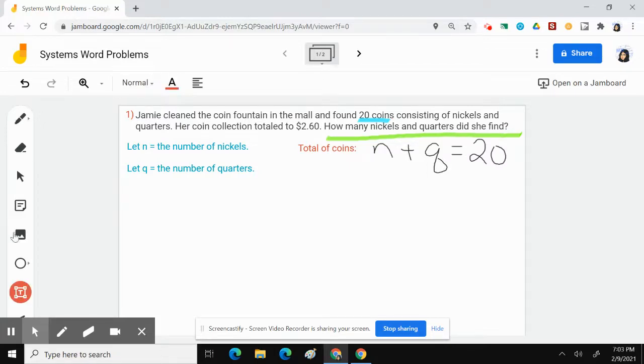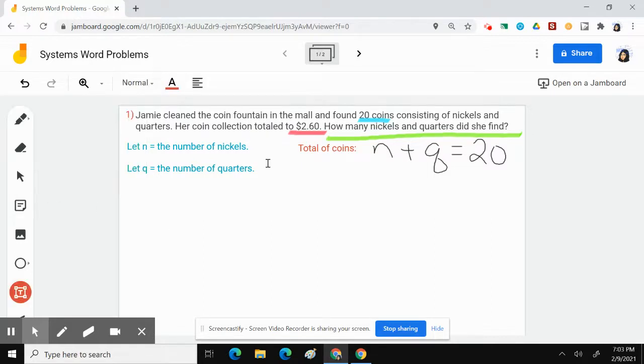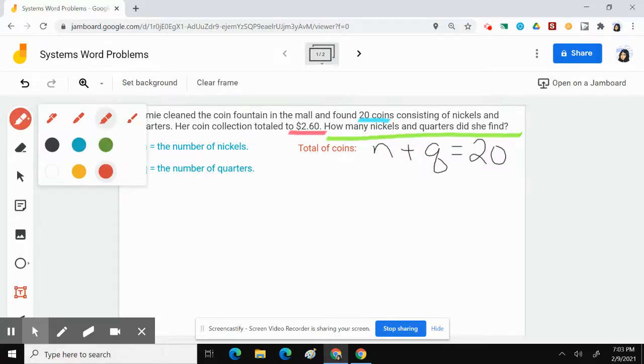All right. Now, the other key piece of information that we're given is that our coin collection totals to $2.60. So now that makes it a very specific combination of nickels and quarters that we need for this to work. Now we're going to think about the value of each of these coins, right? I know that a nickel is worth 5 cents. So for every nickel, I want to be multiplying that number of nickels by 5 cents.